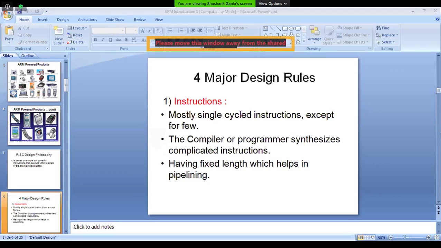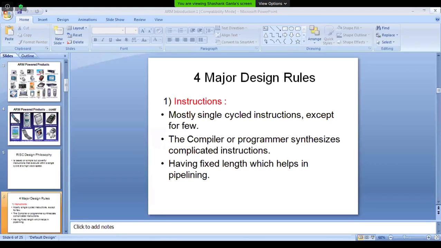So you can see that by using the basic available instructions inside a CPU architecture, we are able to realize a more complex instruction by using repeated addition or repeated subtraction, which is an iterative method or looping method to do that operation. So this is what we mean by synthesis of complicated instructions.